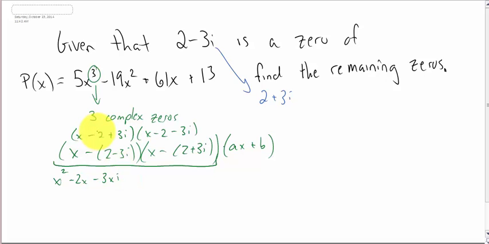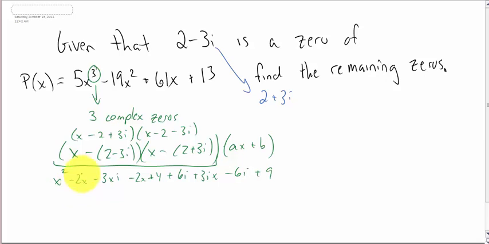Now we go to the minus 2 and distribute that. Minus 2x plus 4 plus 6i. Then we distribute through the 3i. Plus 3ix minus 6i. And then we have minus 9i squared, or plus 9.